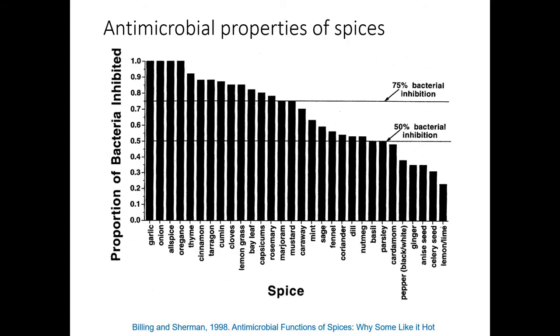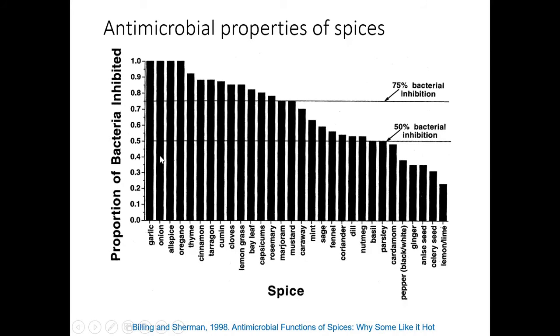So you can see a bunch of different antimicrobial properties in spices. This is the proportion of bacteria inhibited, and you can see that garlic, onion, oregano, all of these have very high antimicrobial properties, or they can inhibit a large proportion of bacteria.